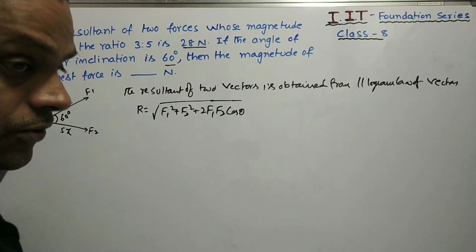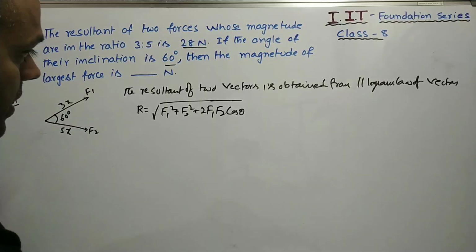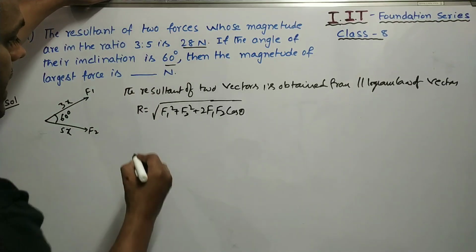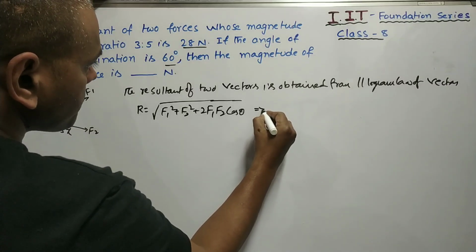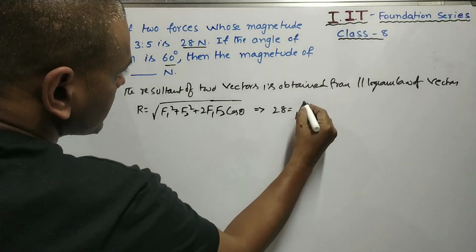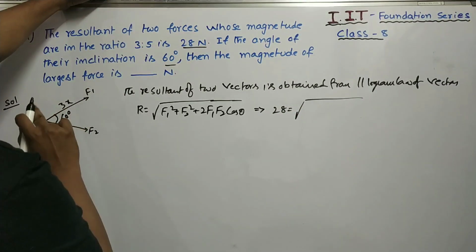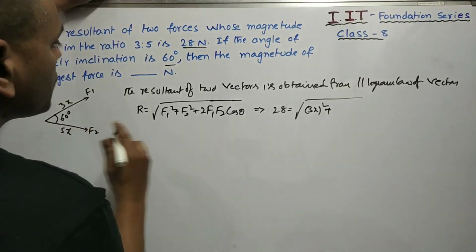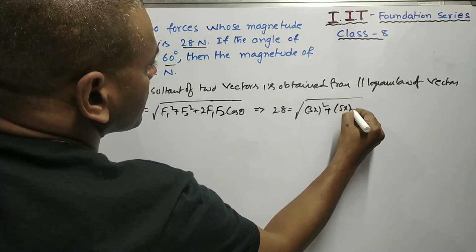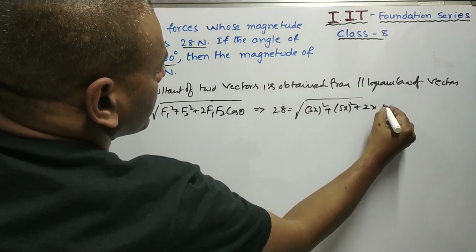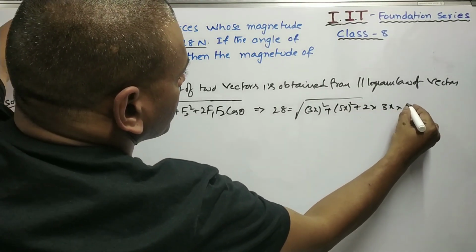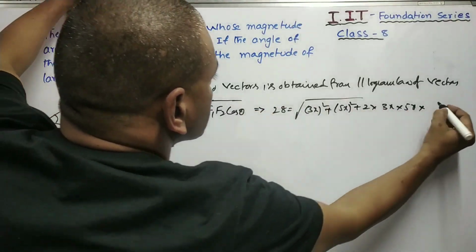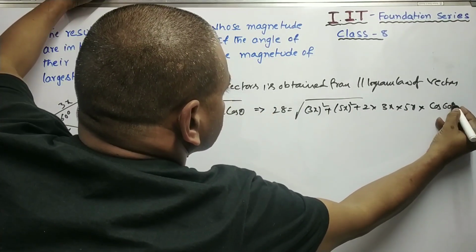Here we can use the parallelogram law of vectors. What is given R? R is the resultant of these two vectors. What is given? 28. That implies 28 is equal to F1, which is 3x whole square, F2, 5x whole square, plus 2 F1 (3x) into F2 (5x) into cos 60 degrees.